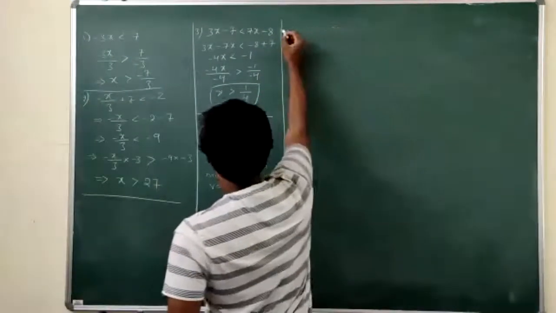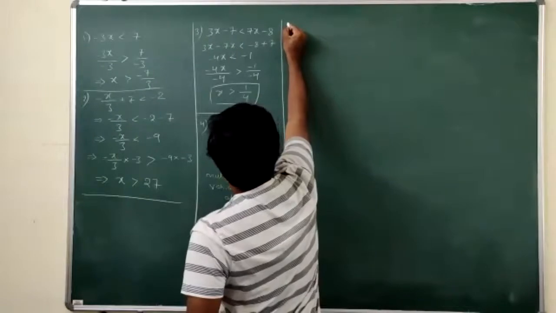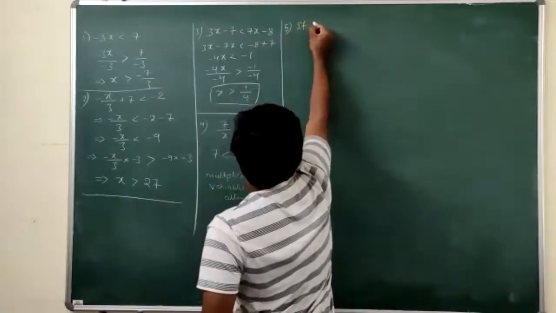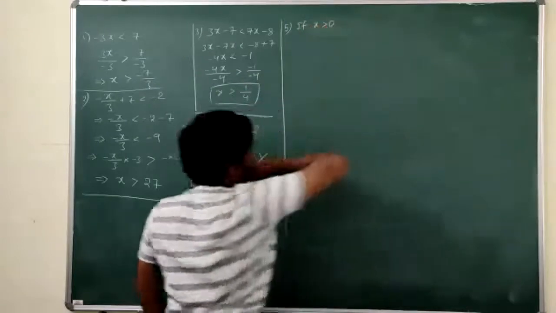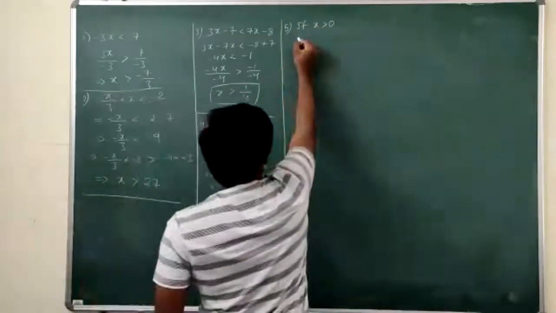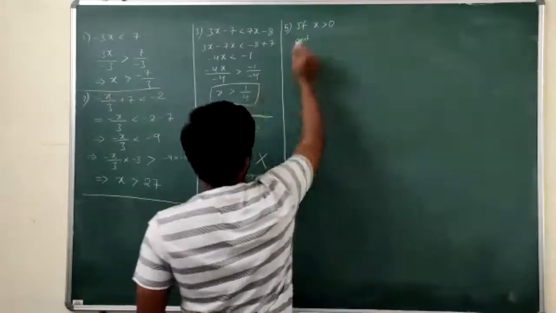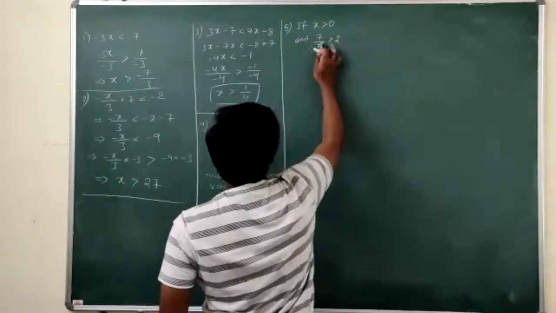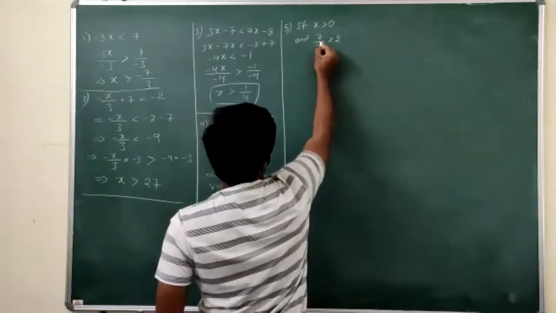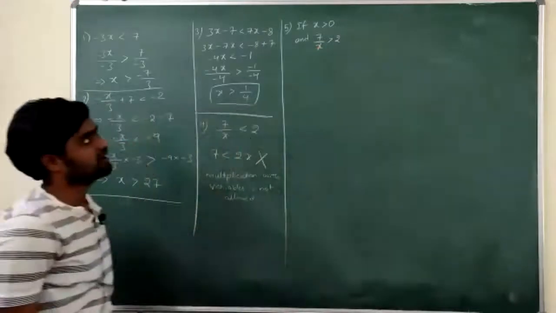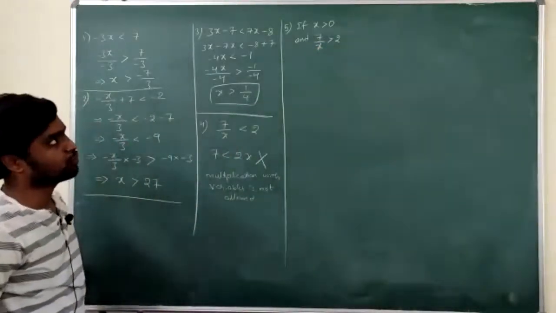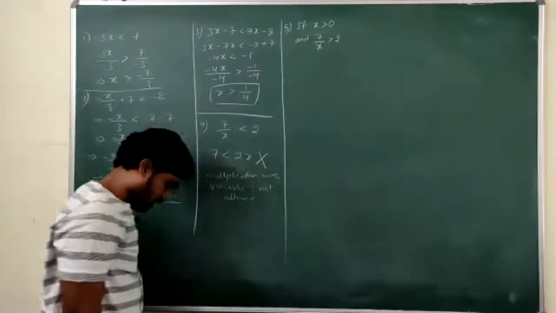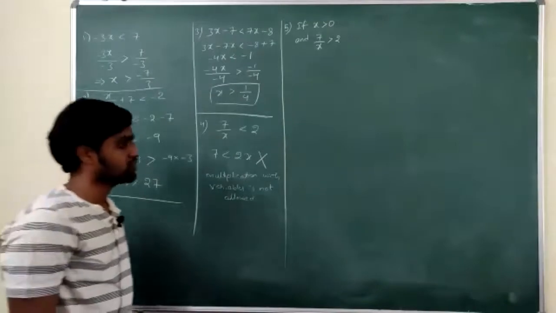Now see this. If x is positive and 7 by x is greater than 2, now what can you say about x?